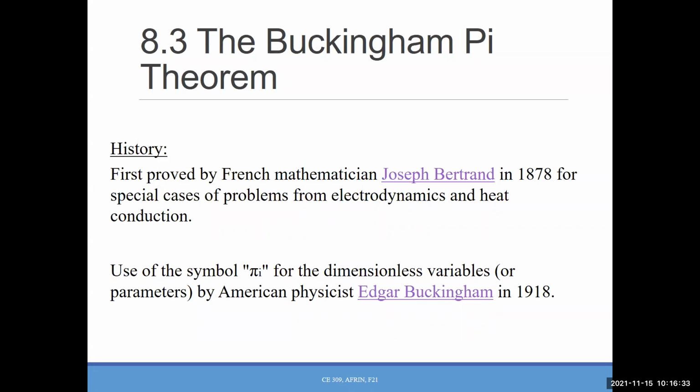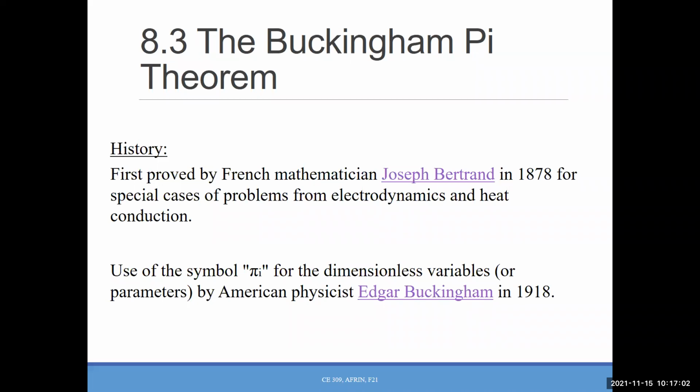What is the dimension of pi, or unit of pi? Say it again. Nothing, right? Because pi is just a number, and they don't have any unit, and that is the main basis for using pi for all the dimensionless numbers in dimensional analysis.